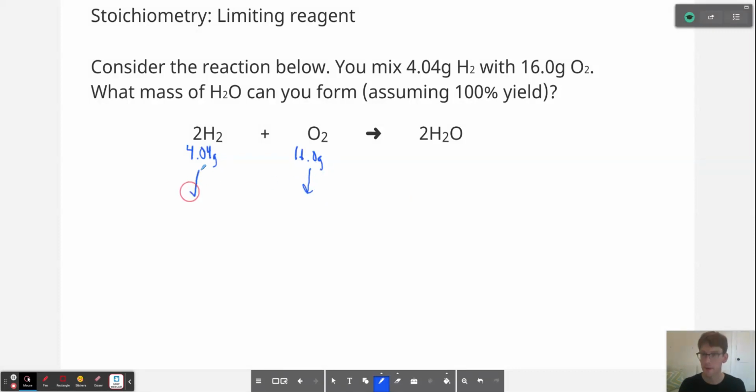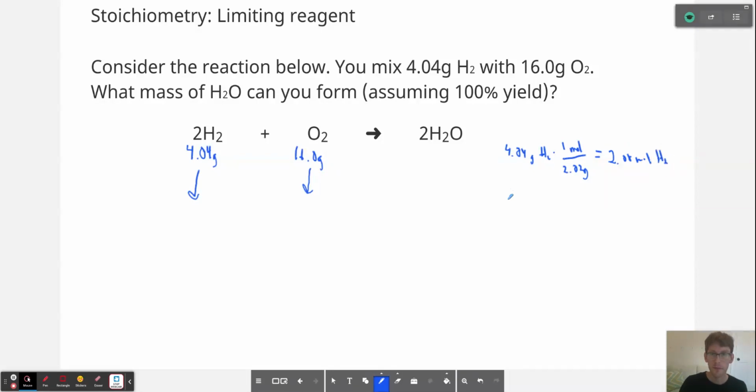Let's go to moles. If we do our calculation of moles, we have 4.04 grams of H2 times 1 mole over every 2.02 grams. Pardon me for not doing the calculation out, but it's 2 times 1.01. We get 2 exactly, 2.00 moles of H2.